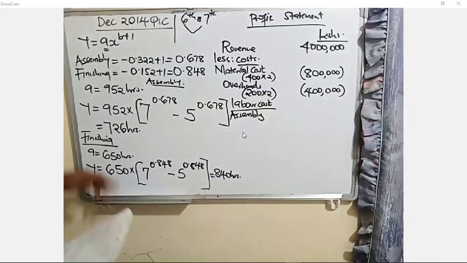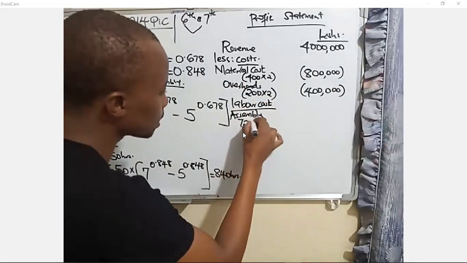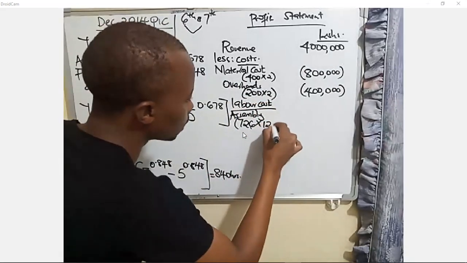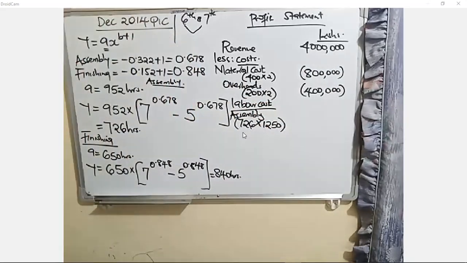The total hours incurred in assembly are 726, and the labor in the assembly process is paid at a standard rate of 1,250. So 726 times 1,250 is how much?